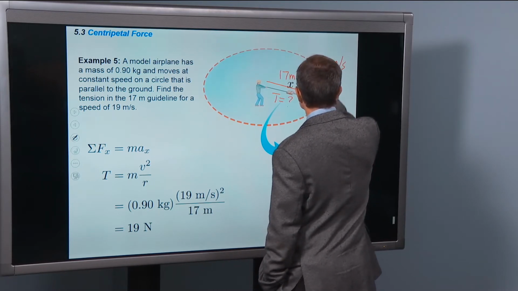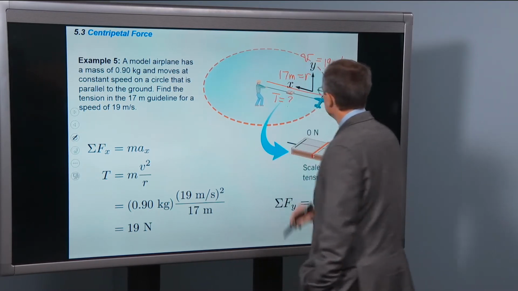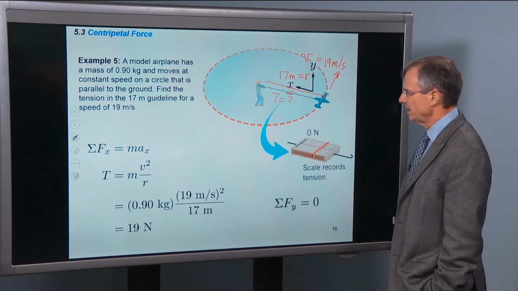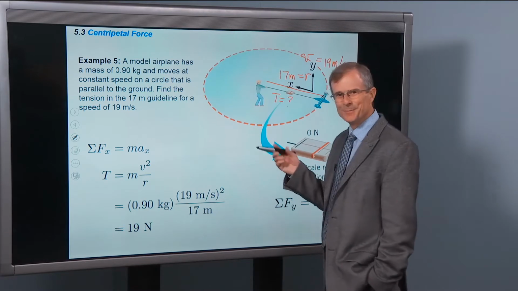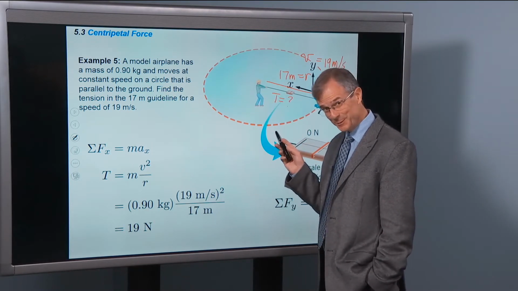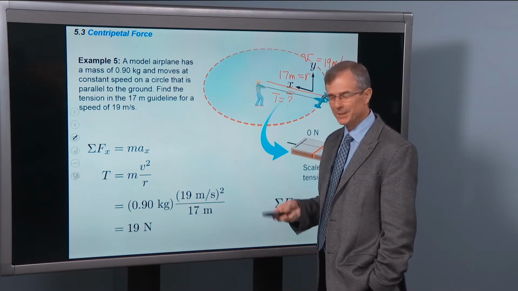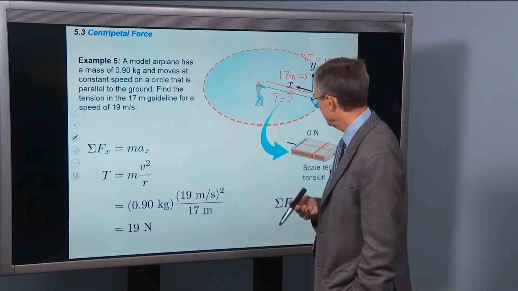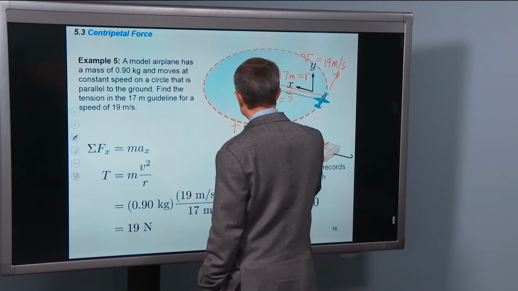So that's the radius. This is the speed, 19 meters per second. I want to try and find the tension. And we have to be careful because this T now does not refer to period, it refers to tension. Unfortunately, we run out of letters in the English alphabet to be able to do everything. But this represents tension.